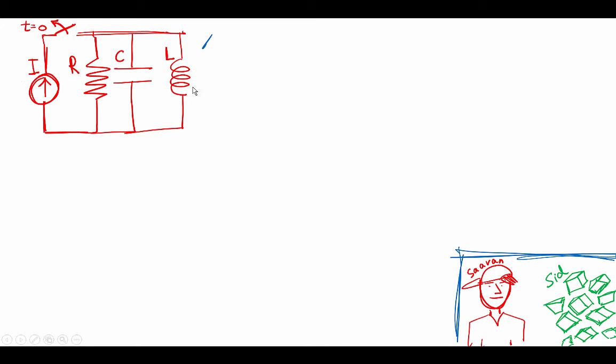So if we remember that our lambda is equal to minus 2 over RC plus or minus the square root of (1 over 2RC) squared minus 1 over LC.